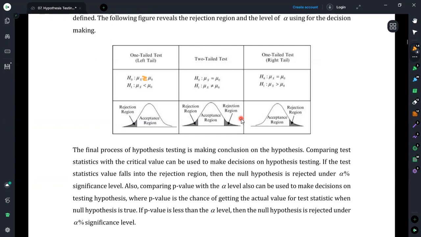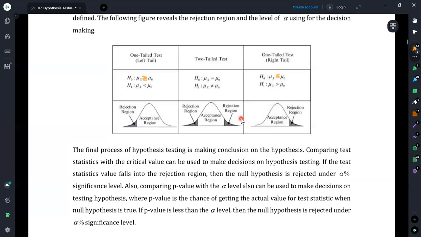If the alternative is less than, the null hypothesis would be greater than or equal. If it is the other way around, if it is the greater than sign, then the null should be less than or equal. Since the equality is there, they have just mentioned it as equal.